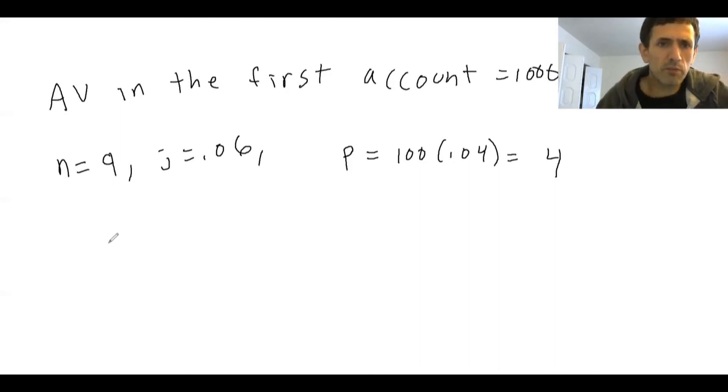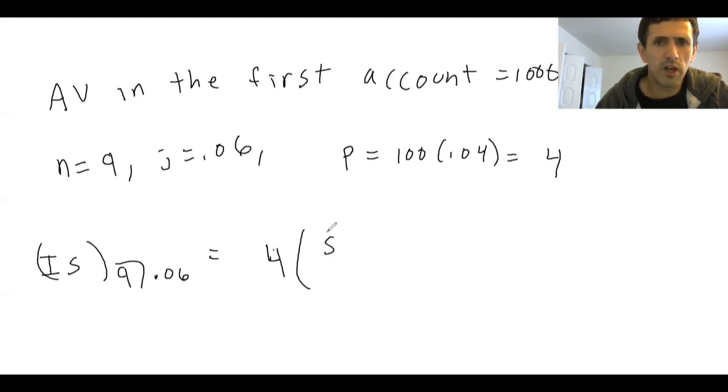So let's plug this into our formula for an increasing annuity. IS 9 at 0.06 is equal to P, 4, times S double dot 9 J.